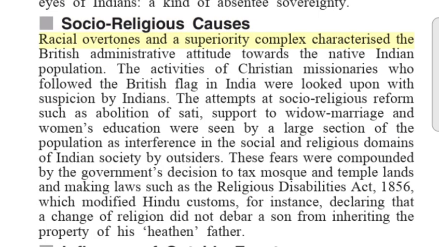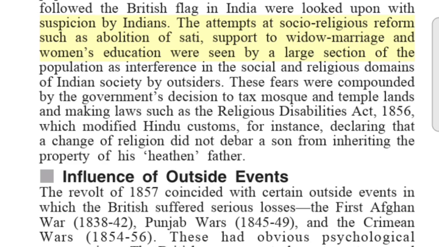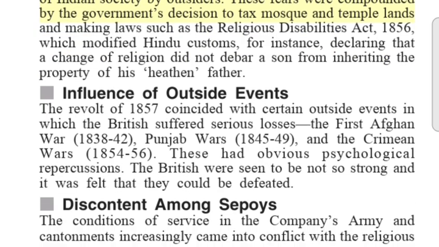Socio-religious causes: racial overtones and a superiority complex characterized the British administrative attitude towards the native Indian population. The activities of Christian missionaries who followed the British flag in India were looked upon with suspicion by Indians. The attempts at socio-religious reform such as abolition of sati, support to widow marriage and women's education were seen by a large section of the population as interference in the social and religious domains of Indian society by outsiders.